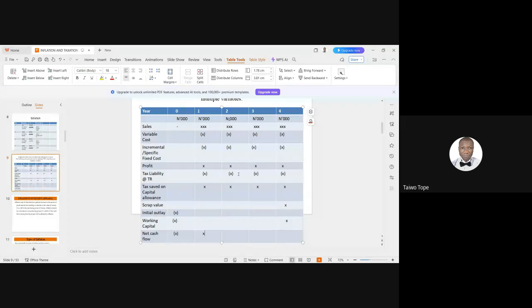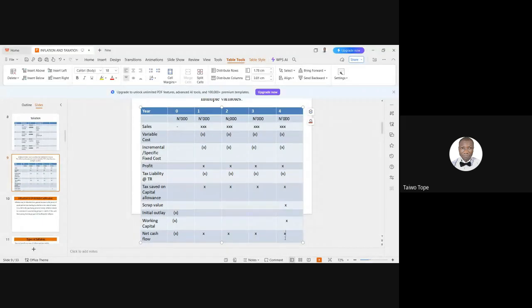Your profit less your tax liability plus your tax save will give you your net cash flow. Also in year 3, and in year 4, your profit less your tax liability plus your tax save will give you what?